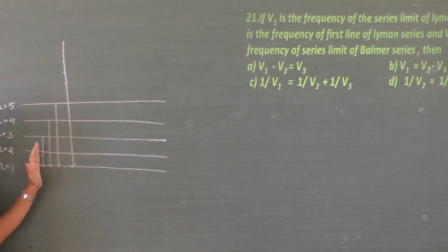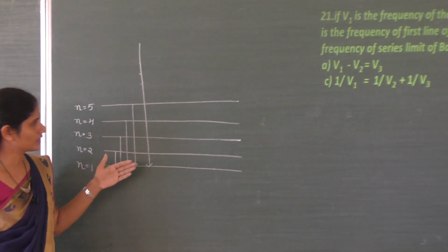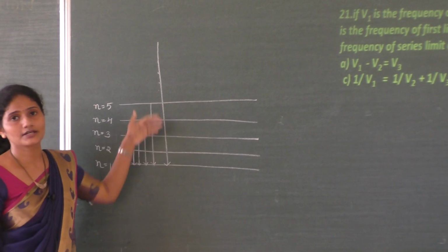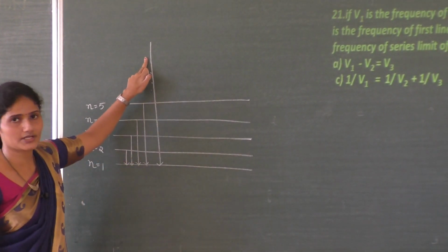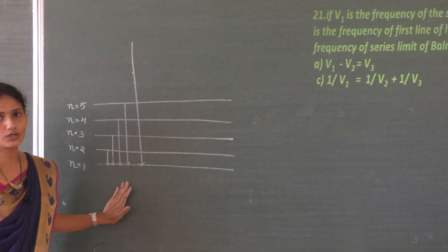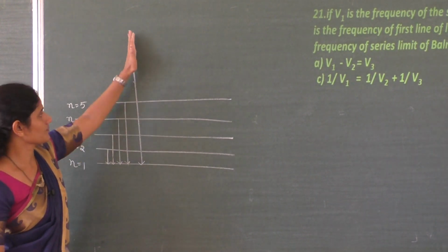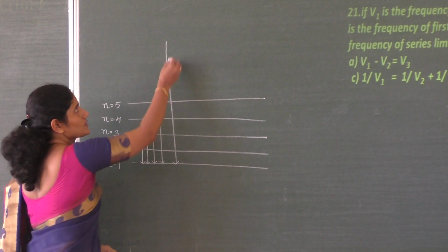The next one has more energy than the first, the third has more energy still, and this one has the largest energy. Which is having larger energy? The electron which is jumping from infinity to n equal to 1. So this is the series limit of Lyman series.